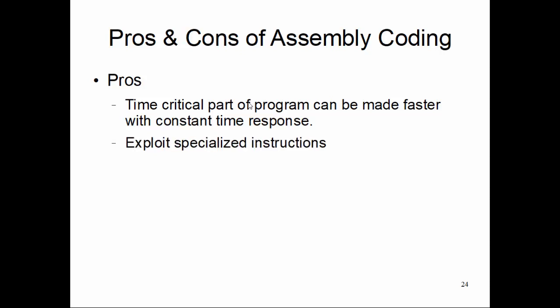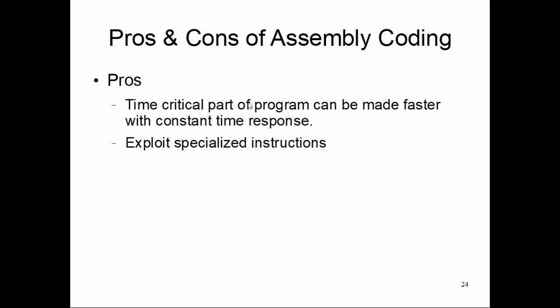You can also exploit specialized instructions. The compiler tends to use more generic instructions, so that the implementation of the compiler becomes easier. Only as a human can you exploit specialized instructions available in the processor, and make your code faster and more memory efficient.